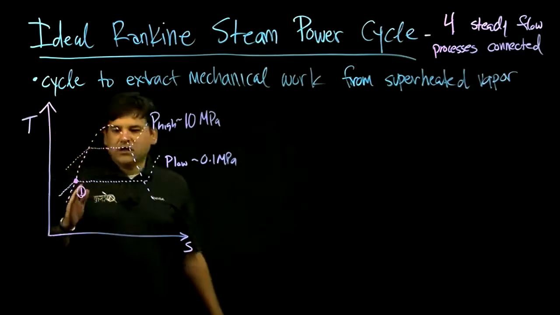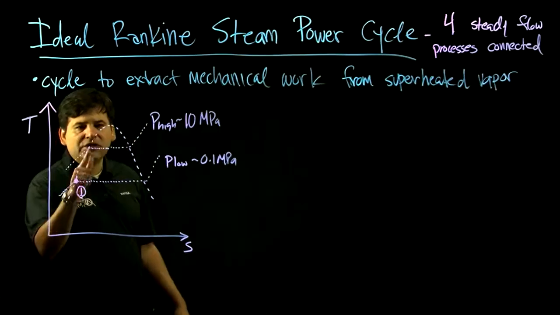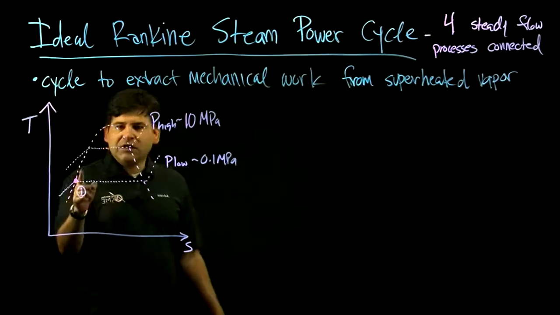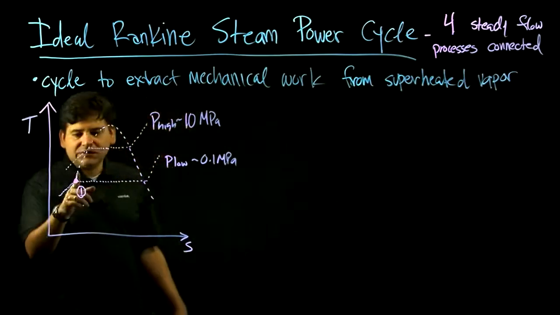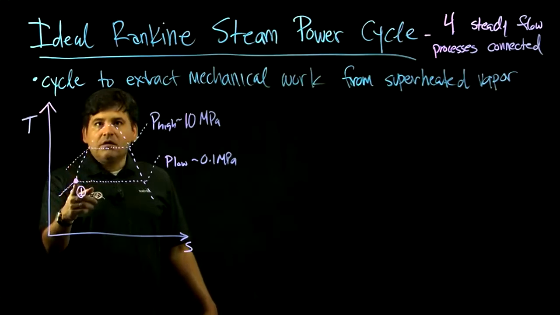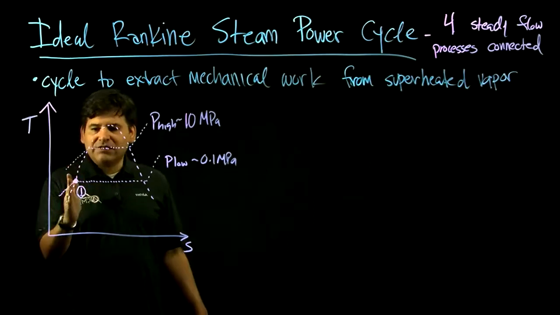If you have liquid water on this boundary of this steam dome at this pressure, this is the tipping point between liquid and some gas. This is the saturated liquid line. So state 1 of the water is a saturated liquid state. It's liquid, but it's right at the tipping point.